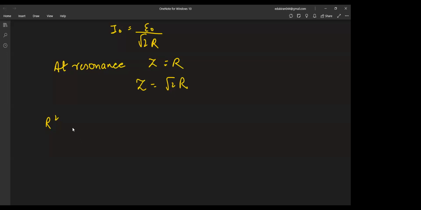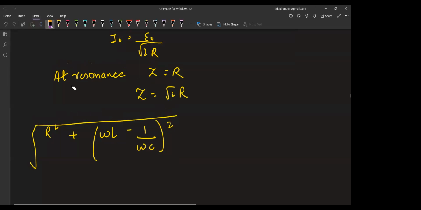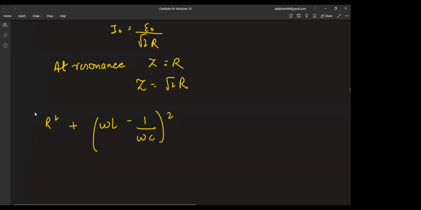Z is the square root of R square plus XL minus XC whole square. XL can be written as omega L, and XC can be written as 1 by omega C. So R square plus omega L minus 1 by omega C whole square, all under root, is equal to root 2 times R. Now let's square it to remove this root sign.